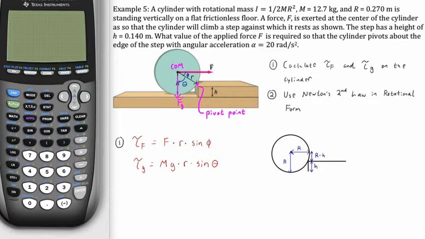So then, if I look at this right triangle, this one right here, that is going to be how I'm going to find phi. And then in order to find this other angle, theta, this one here is going to be our phi.